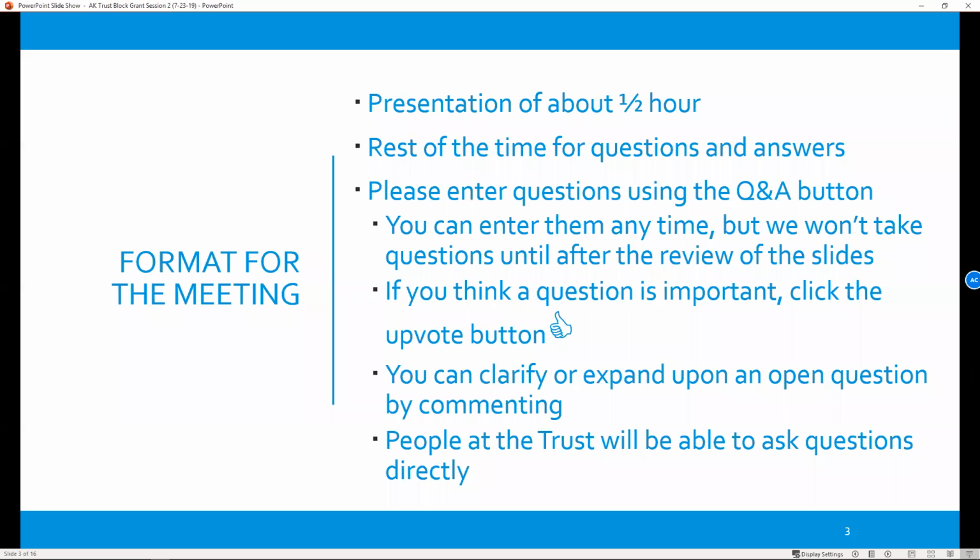It's a little bit light, so you may have to look for it to see it. You can also comment on the questions if you want to clarify a point or add a related question, and then we can add that. The people at the Trust will be able to ask questions directly within the room.